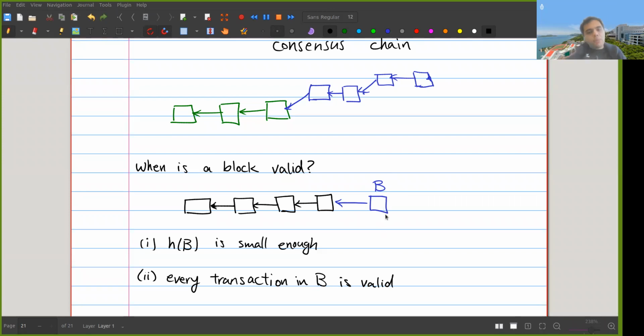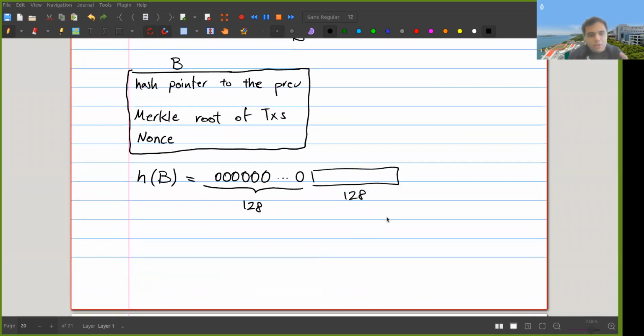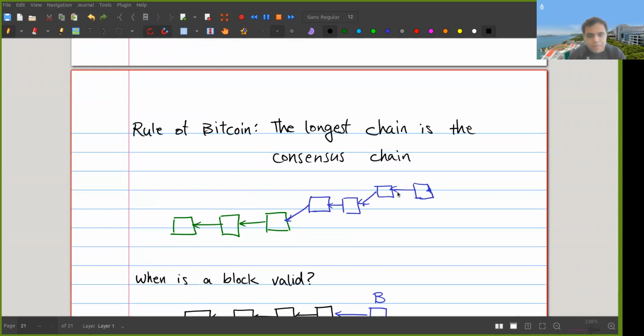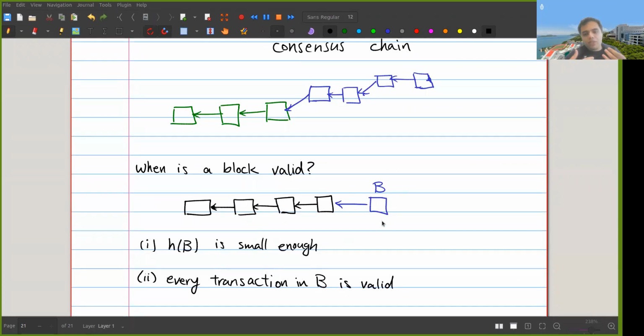So when you do the propagation, you actually propagate both the block and all the transactions and the Merkle tree in it. But what ends up in the blockchain is only the block, not the Merkle tree. So you will only have the root of the Merkle tree in your blockchain, but every node is getting all the transactions and all the Merkle trees and all the information that they need to verify that all transactions here are valid.